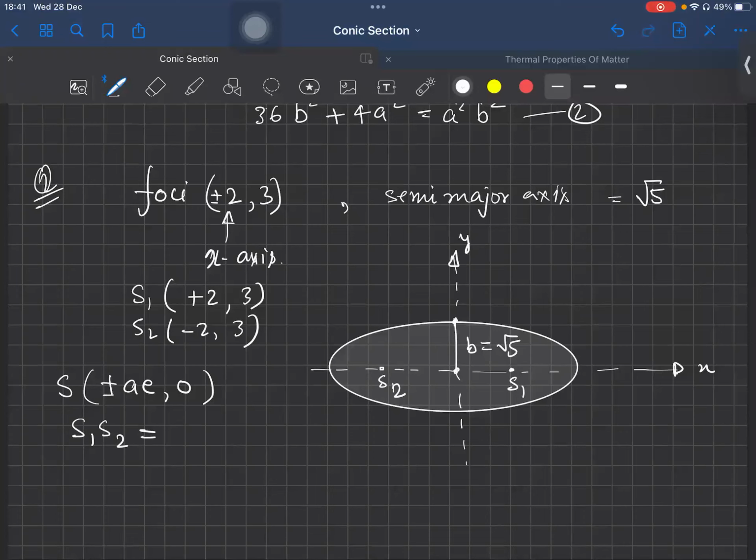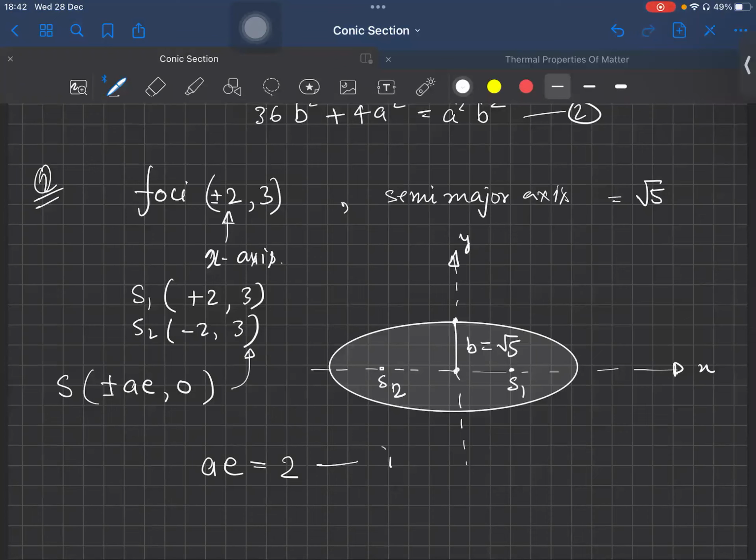S1 S2 is 4, which is equal to 2 times AE. And that means the AE value is how much? AE value is 2. You don't even need this one. So if you compare these two, you will get AE is equal to 2.